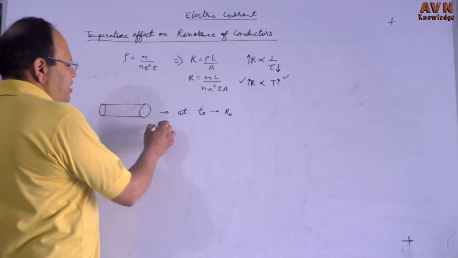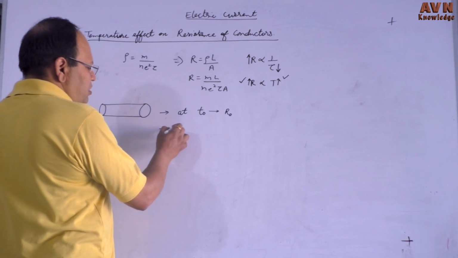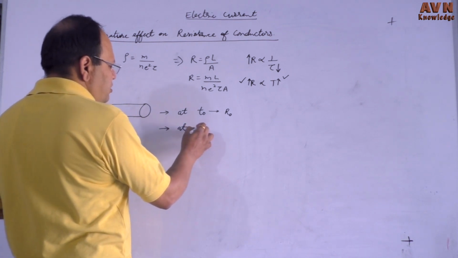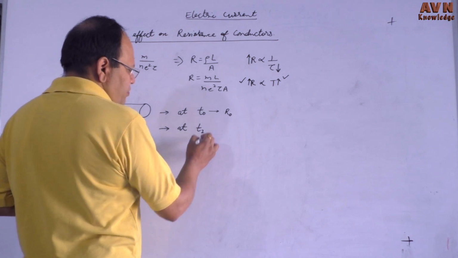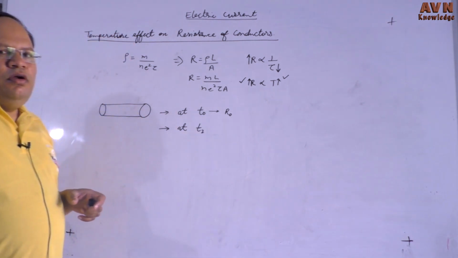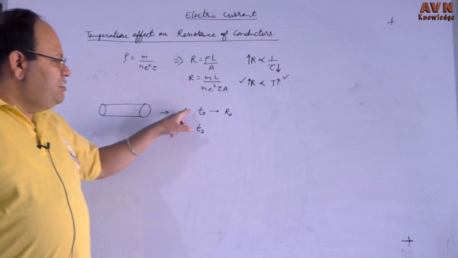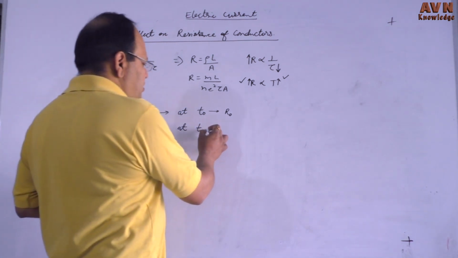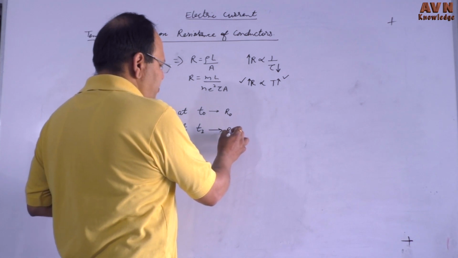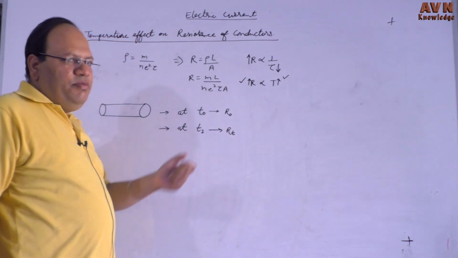When we increase the temperature, suppose the increased temperature is T2, the temperature is increased from T0 to T2. It means the resistance at this temperature is RT.